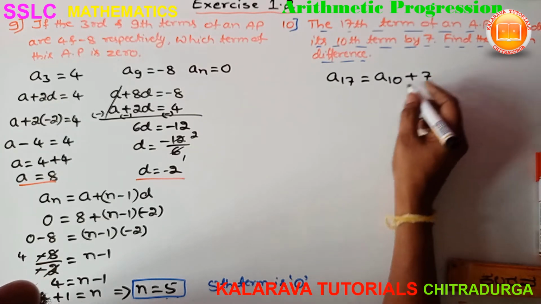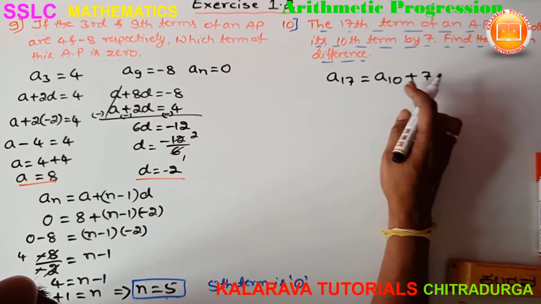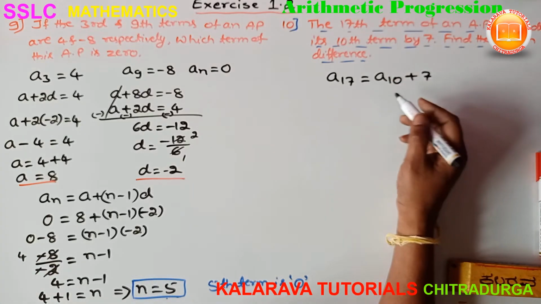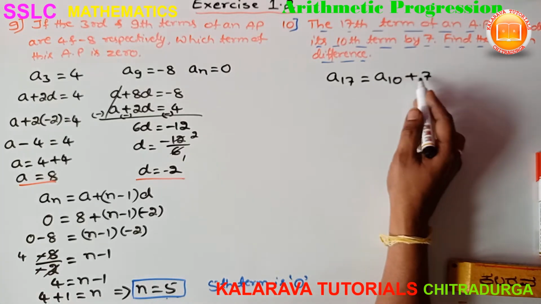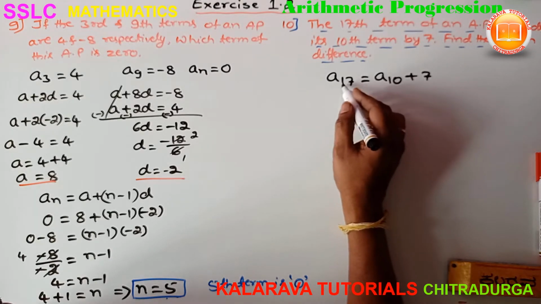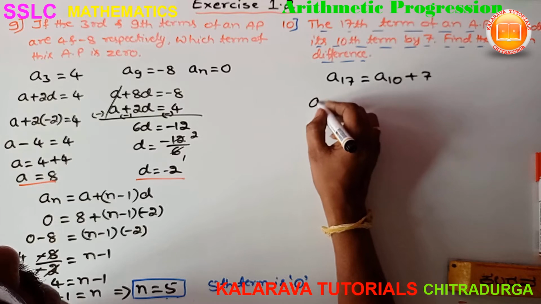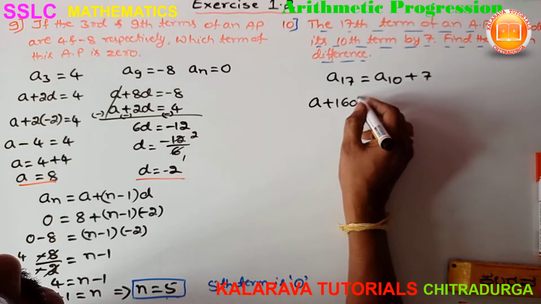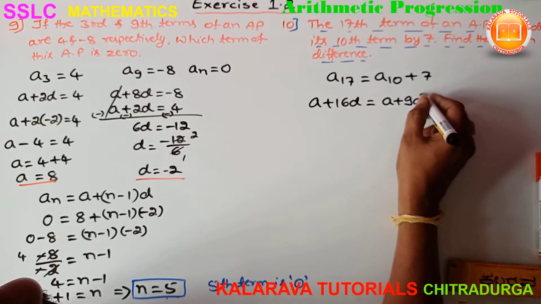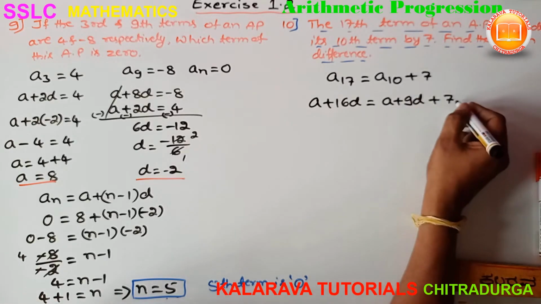That means the 17th term is 7 greater than the 10th term. So we write A10 plus 7. So now we have to substitute the values here. A17 means A plus 16D. A10 means A plus 9D, and plus 7.